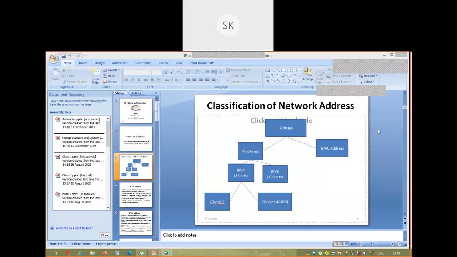I'm writing on the side of classless, CIDR. The full form of CIDR is classless inter-domain routing. We'll discuss it later. Is it clear, everyone? What is IP address and what are the types of IP address?